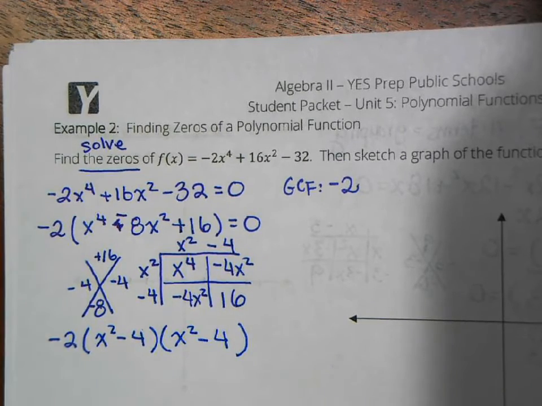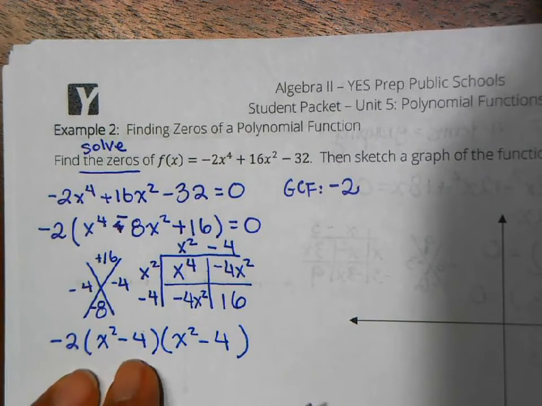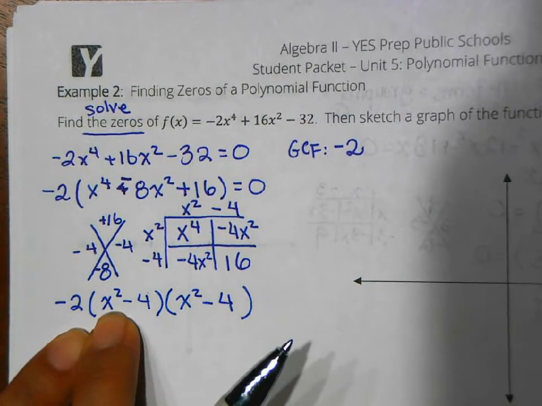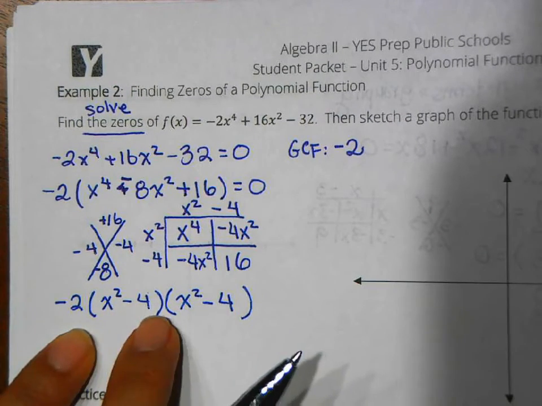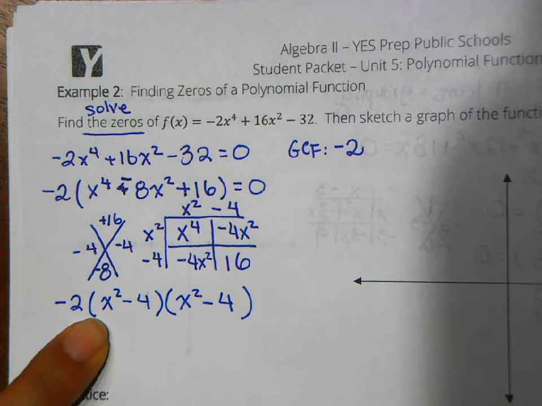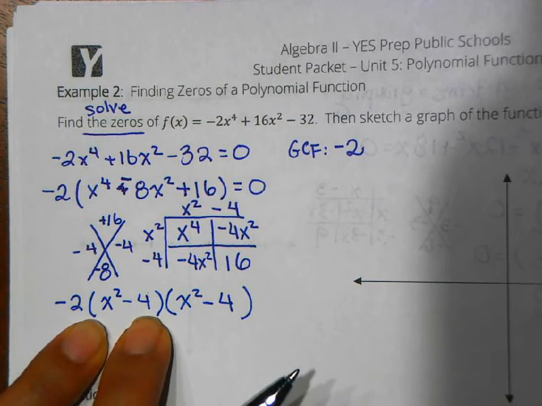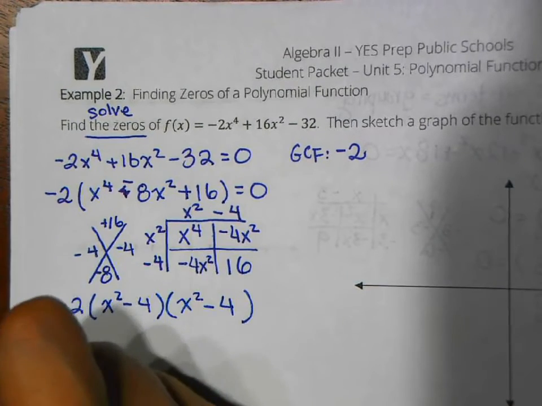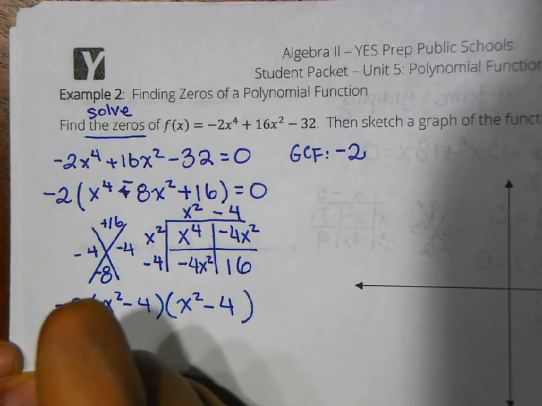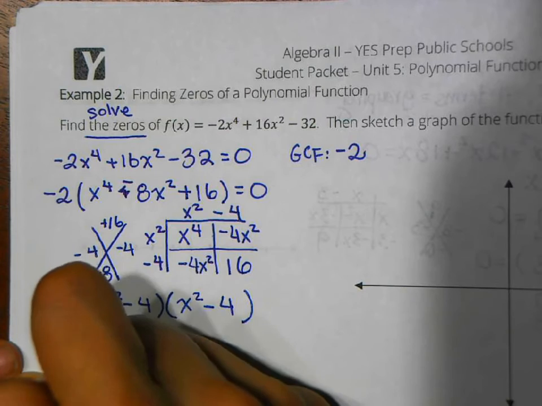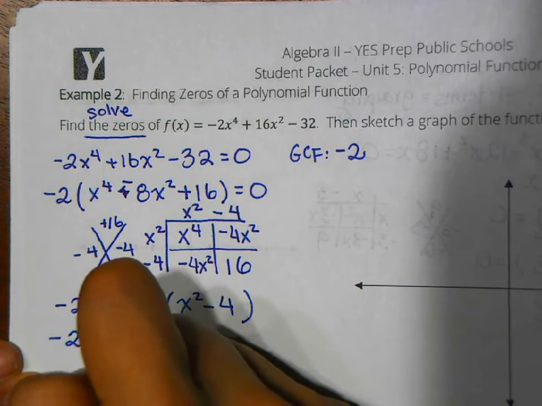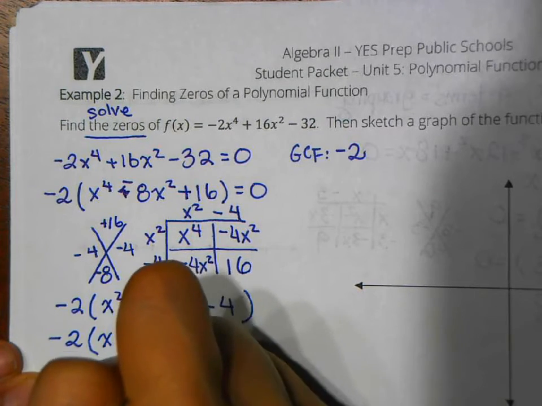Now this is tricky because x squared minus 4 is a special pattern. This is a perfect square minus a perfect square. That is an a squared minus b squared. I can rewrite that as negative 2 times x minus 2 times x plus 2.